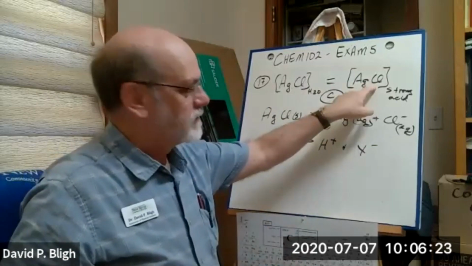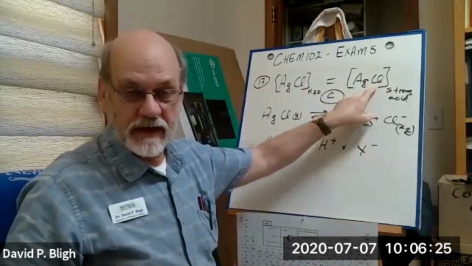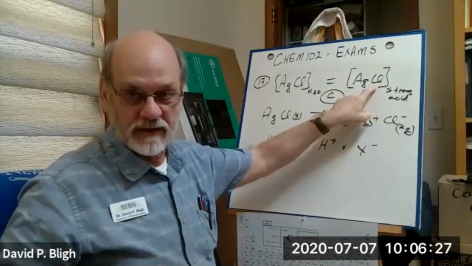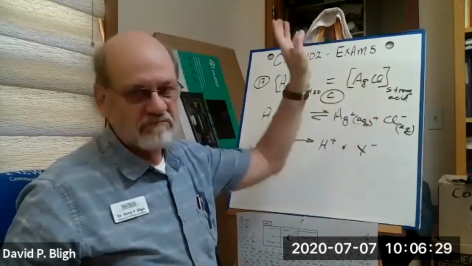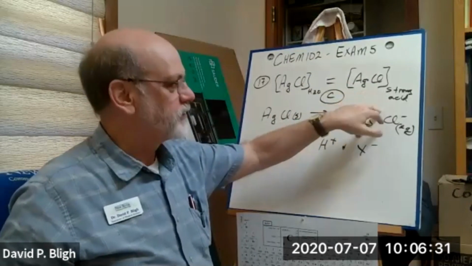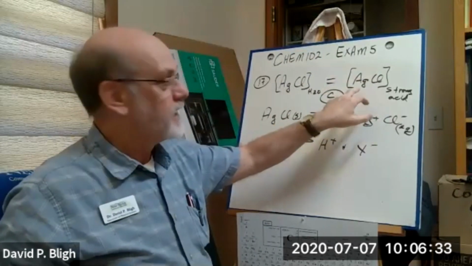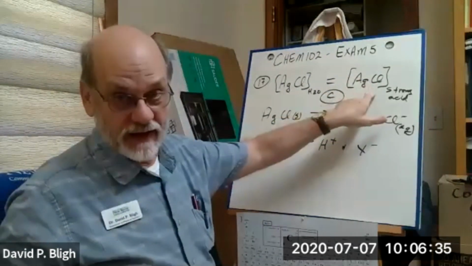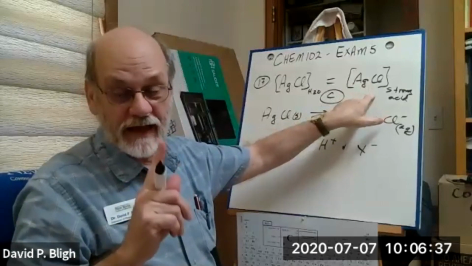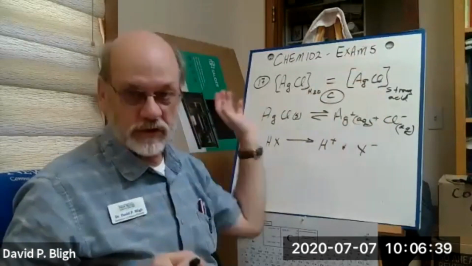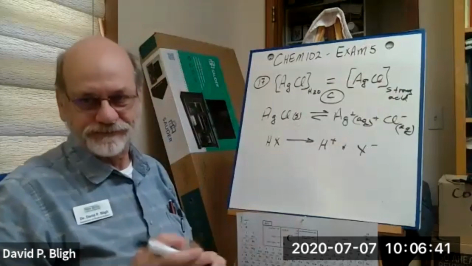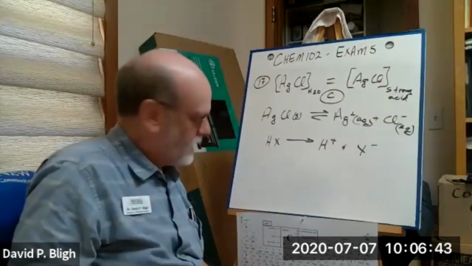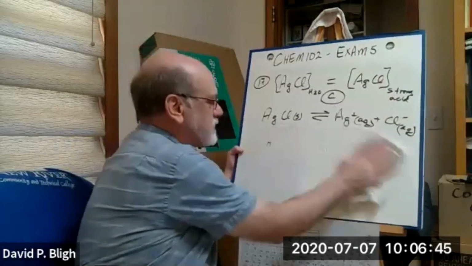You look at the anion first and say, is it a strong base or a weak base? If it's a weak base, you can't affect it. So you go to the cation. If it's a strong base, then you can add acid, remove it from solution, and get better solubility. All right, that's 17.